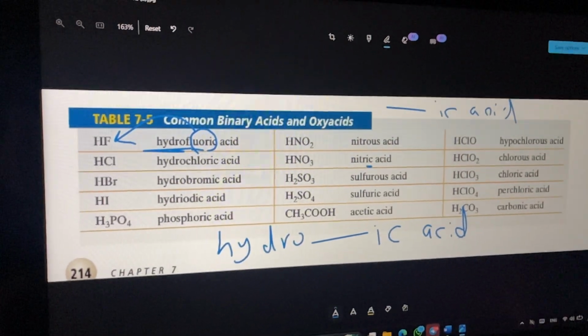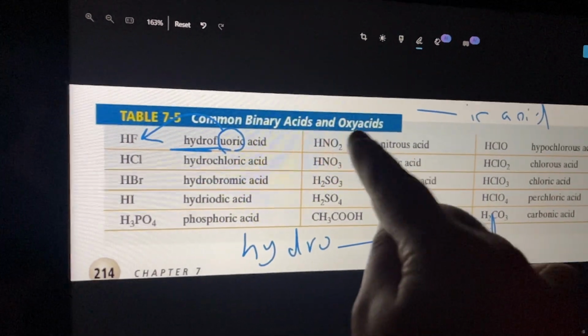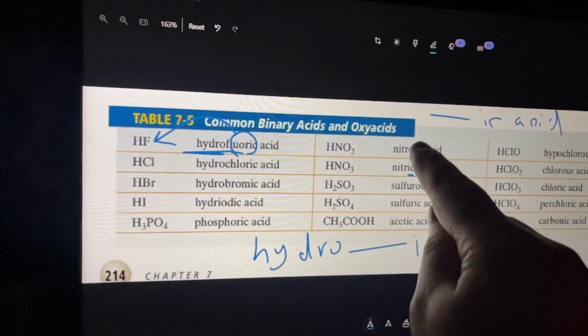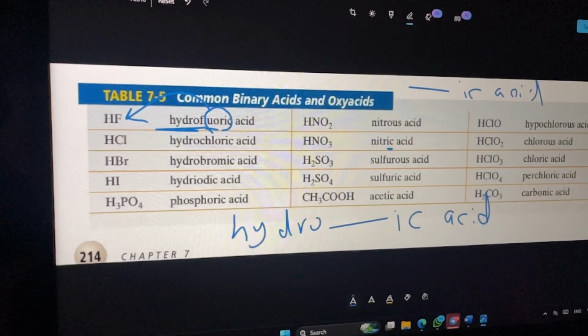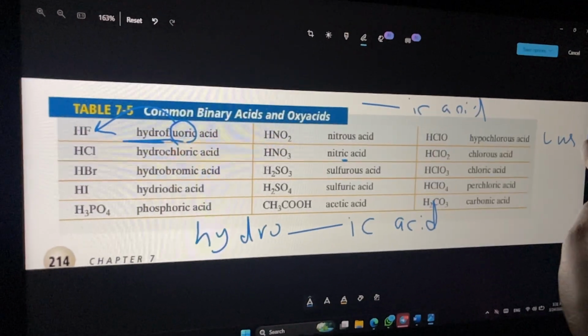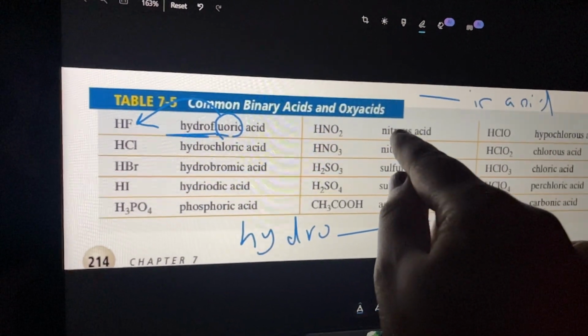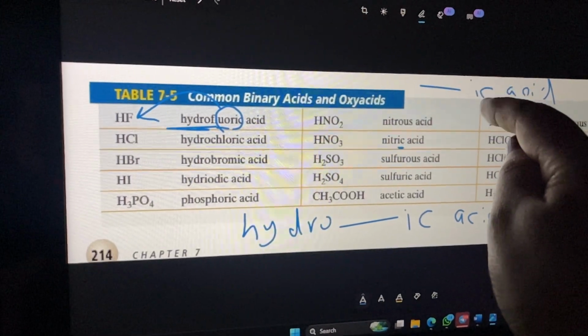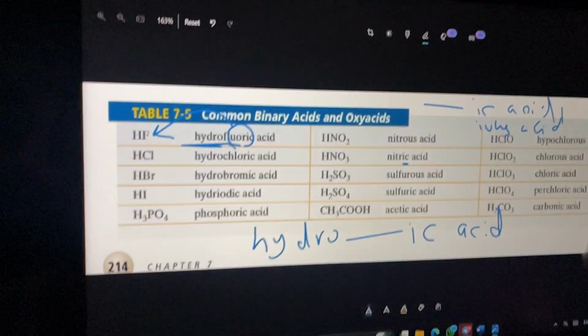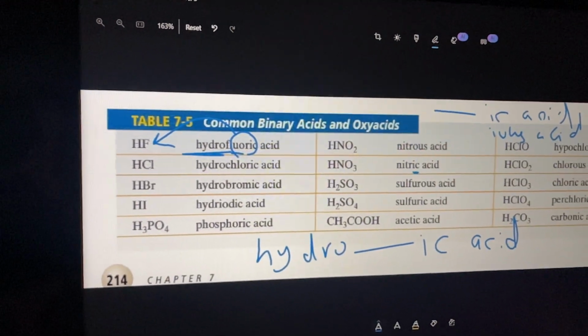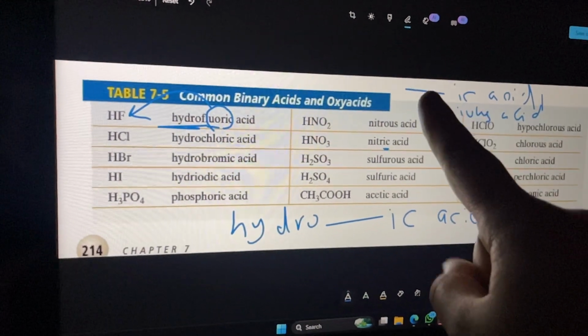That's for more oxygen. But if it is less oxygen, we will add the suffix -ous, O-U-S, okay? Instead of -ic, we will add -ous, acid. This is for less oxygen. For example, you know that we have NO3, NO2.